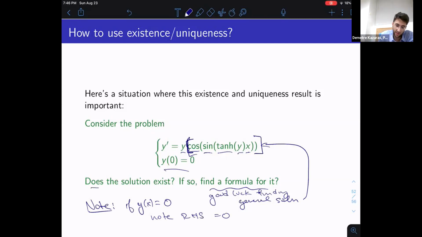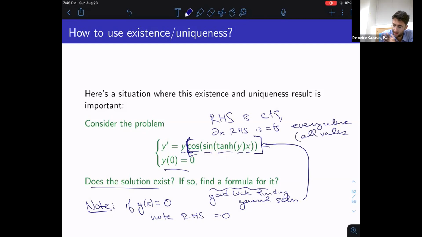Now, we just showed that a solution exists, but also notice that the right-hand side is continuous, and the partial derivative with respect to x of the right-hand side is also continuous everywhere, for all values of x and y.